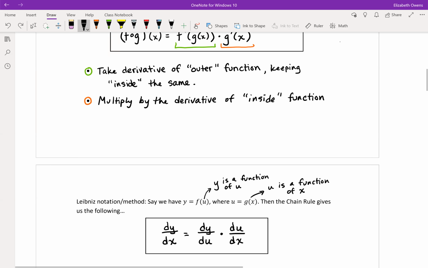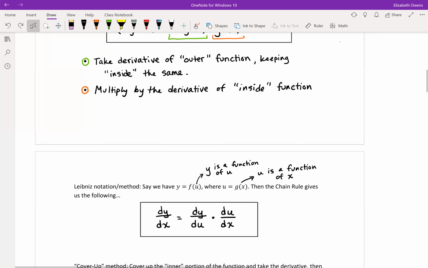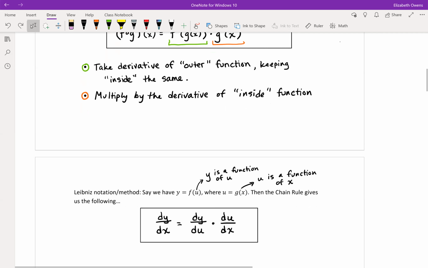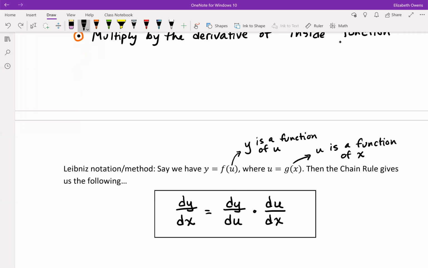But it is actually expressing the exact same thing as Newton's notation did. If we just rewrite it in a Newton-y type of way, the dy du part, we are taking the derivative of y with respect to u. If y is f of u, that's just f prime of u.